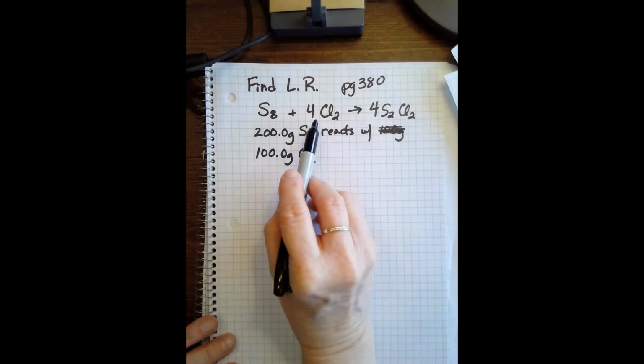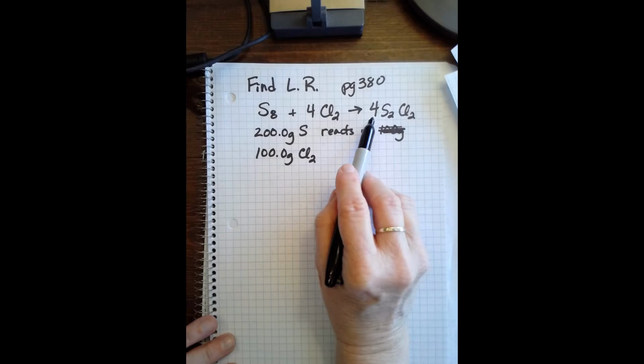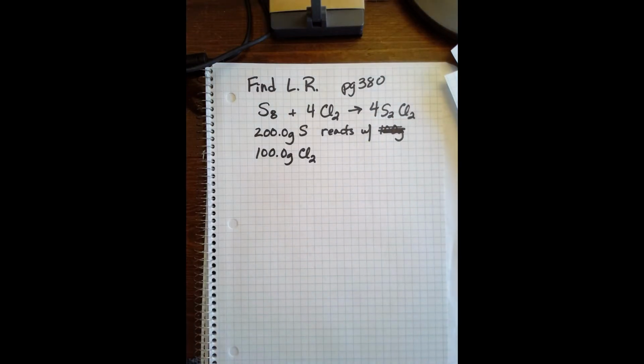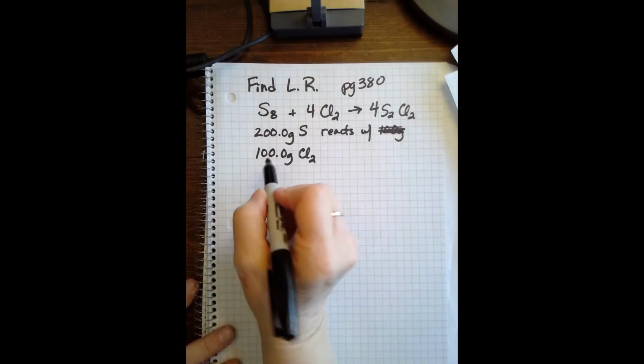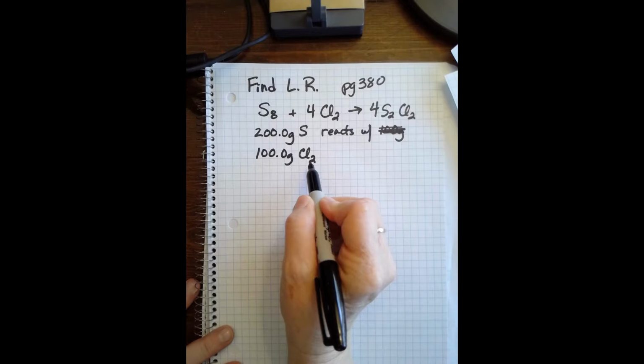We have 1 mole of sulfur reacting with 4 moles of chlorine to give us 4 moles of disulfur dichloride. The details of this reaction are that 200 grams of sulfur are reacting with 100 grams of chlorine.